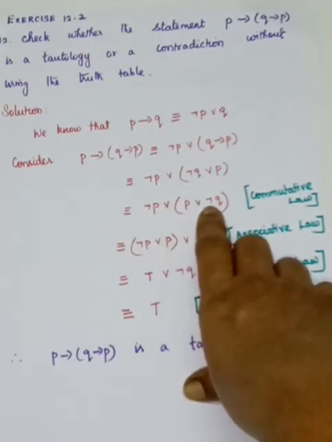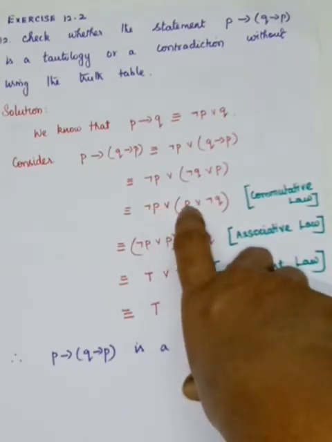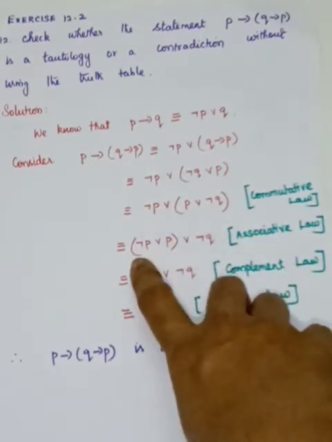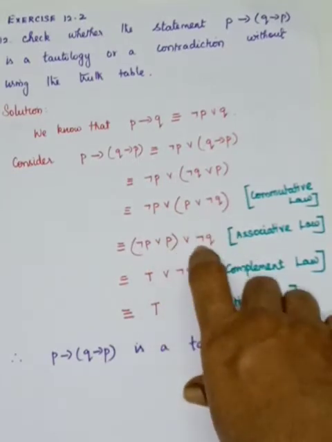If you have the same symbol, you can use the associative law, which means you can combine the first and the second. So negation P or P or negation Q.